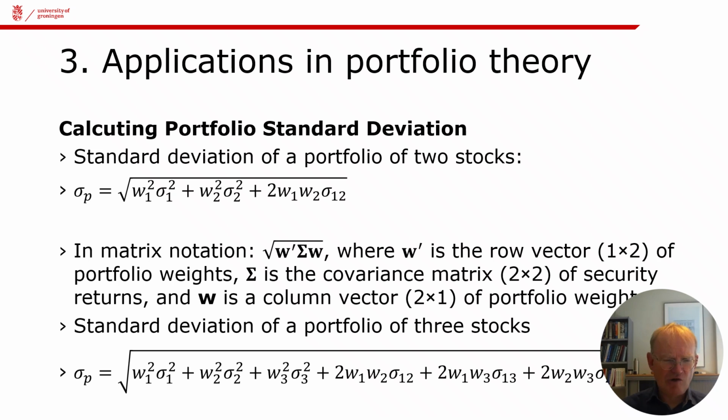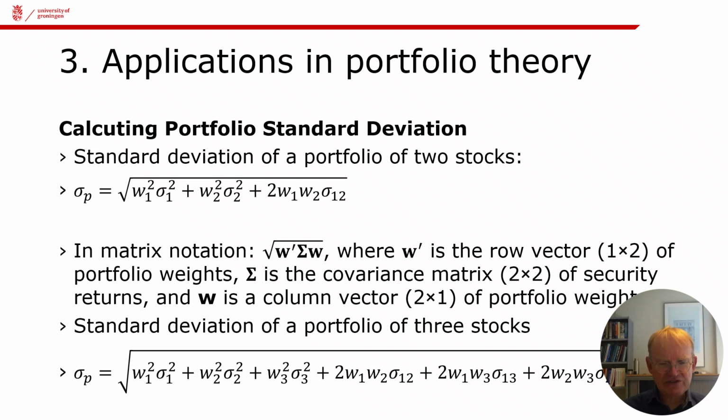Quite an okay formula. In matrix notation, we would write this as the square root of W apostrophe, meaning I transpose a column vector, so I have a row vector of security weights, times the big sigma, which I use as the symbol for the covariance matrix, times a column vector of portfolio weights. So also a simple formula.